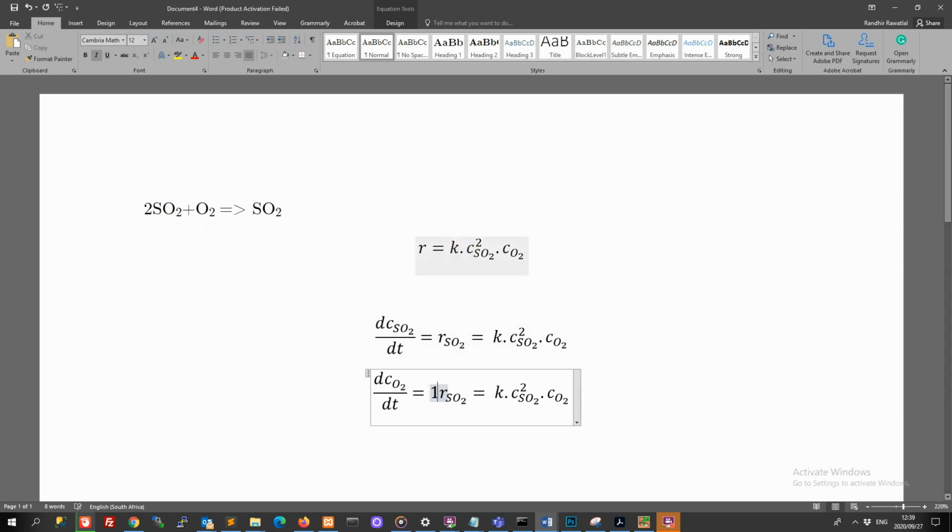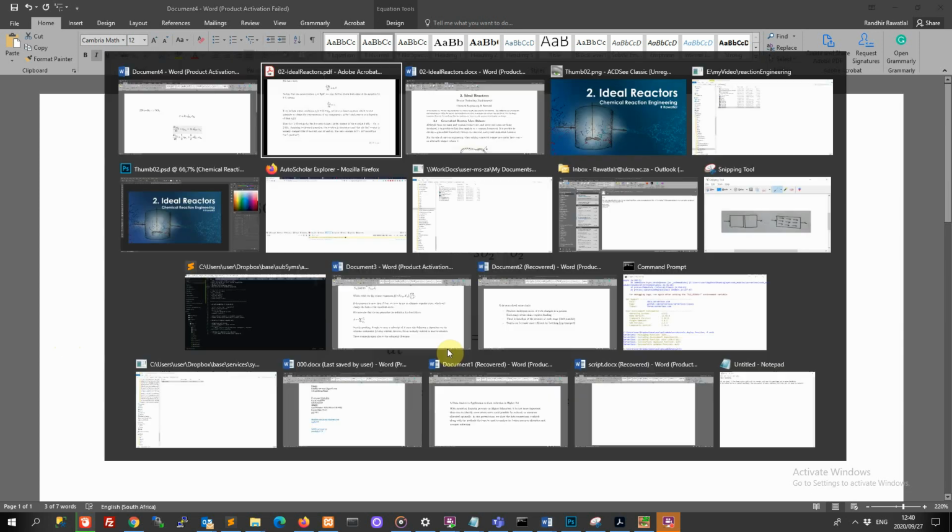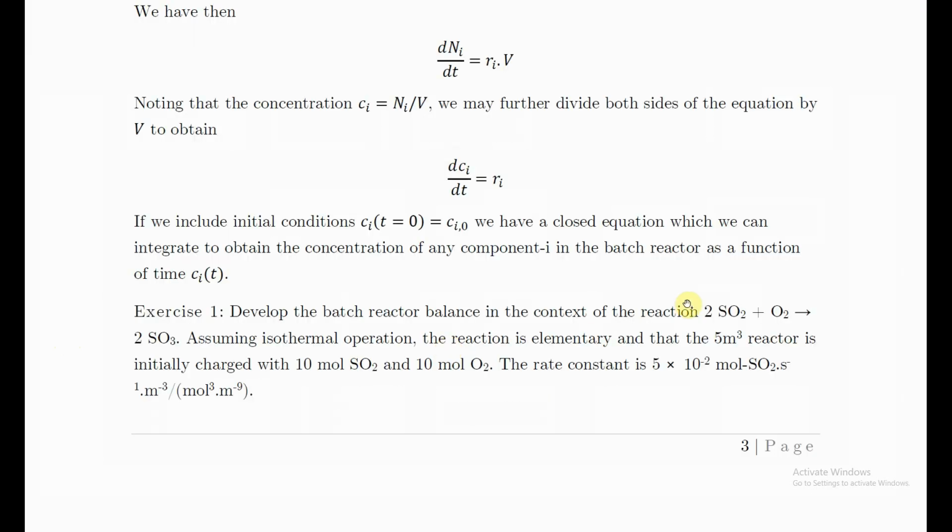So we can just write here 1/2 times our SO2 is equal to K/2 here, and that will give us CO2. We solve these two equations simultaneously, and that means at every instant in time we'll have a number for CSO2 and a number for CO2. So these two balances are sufficient for us to solve this problem.